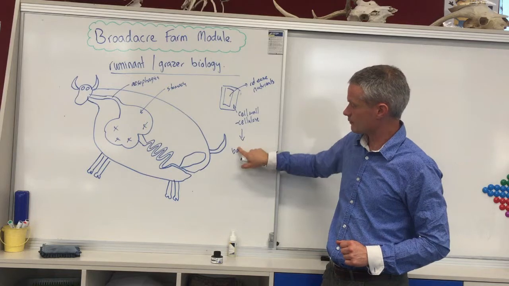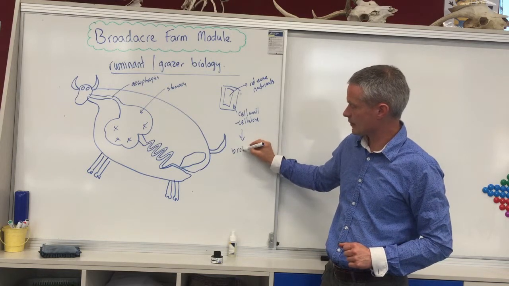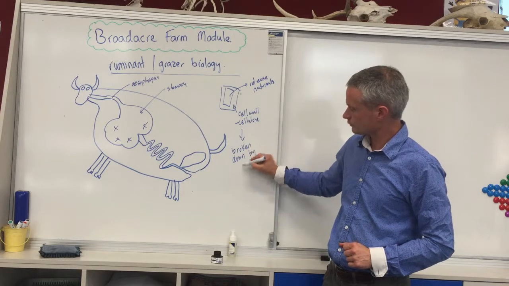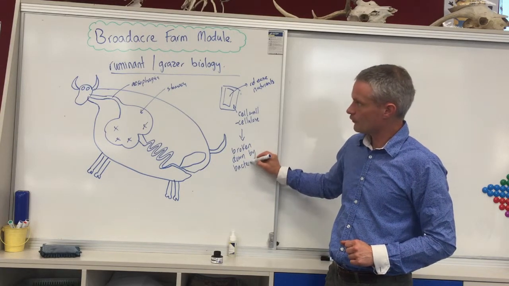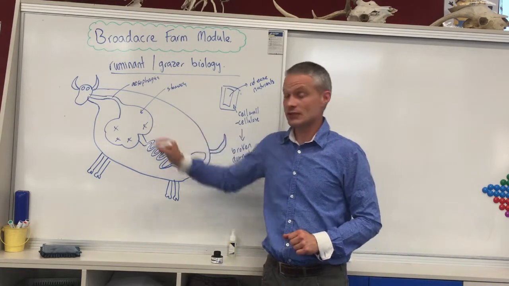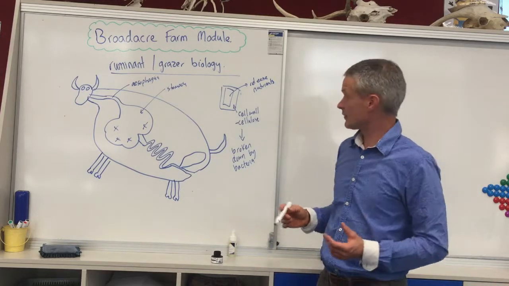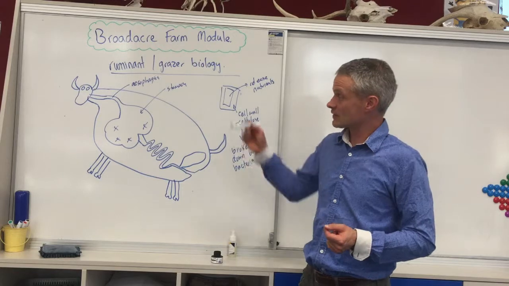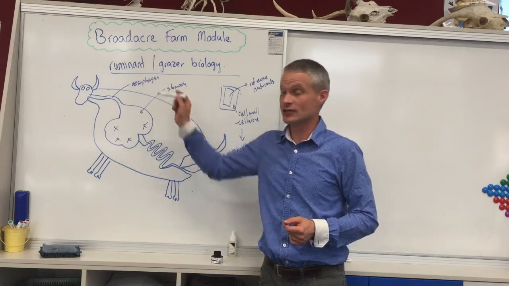So this is broken down by bacteria. And for a ruminant, they've got a special chamber within their stomach to house those bacteria, to break it down, and they've specialized to do this quite efficiently.